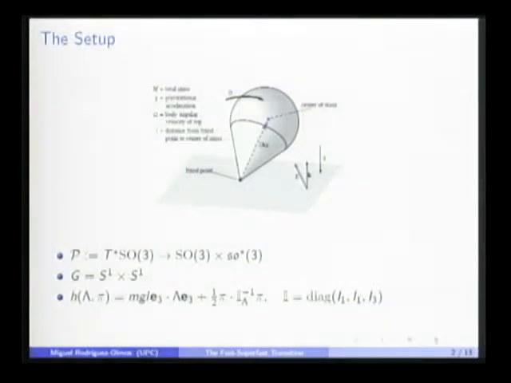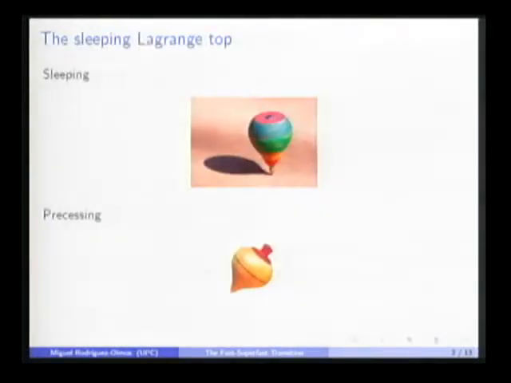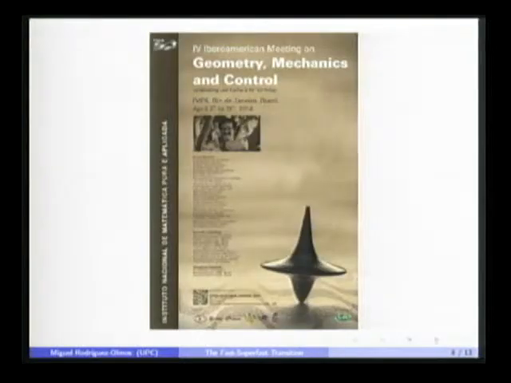That's a relative equilibrium. Here, the two relevant relative equilibria are the sleeping Lagrange top, which is the one I'm concerned with, and the precessing Lagrange top. Another example of these solutions in nature that I found very recently is in this picture, where you can see one particular case of the sleeping Lagrange top, or almost a sleeping Lagrange top, in the upright position.